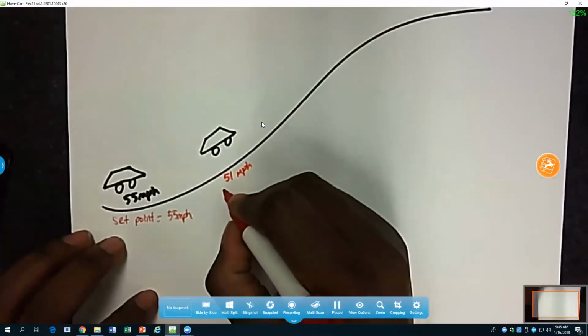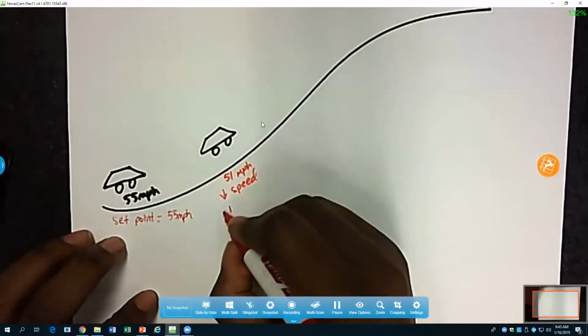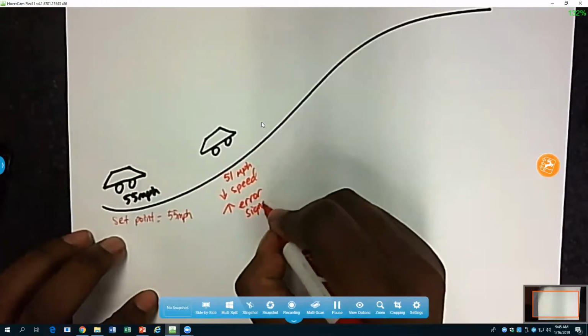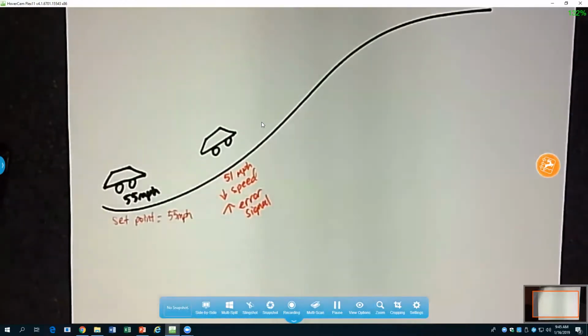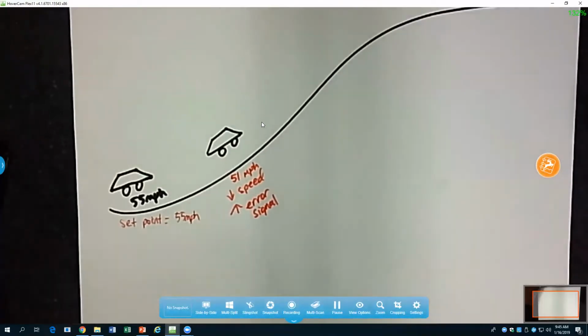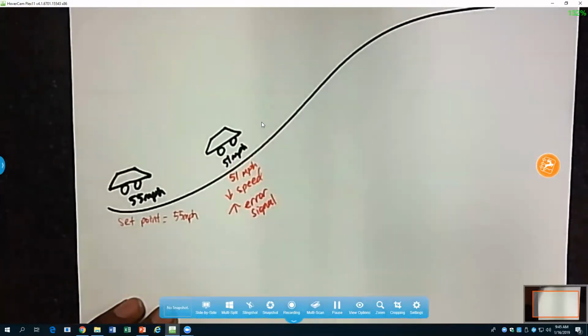That decrease in speed is going to increase what we call an error signal. Because the car wants to maintain that set speed of 55 miles per hour, if we decrease that speed, that is going to send off a red flag, what we call an error signal. So this is 51 miles per hour.